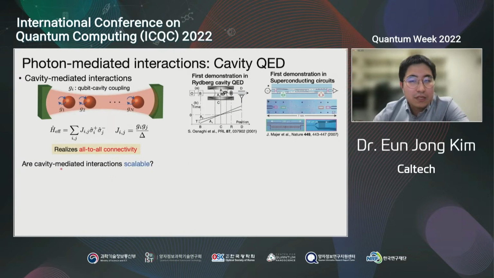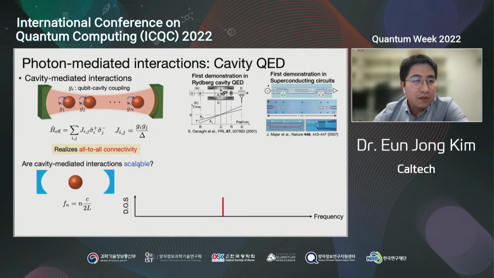While all-to-all connectivity is good and promising, we need to ask whether this interaction mediating scheme is scalable. If we, for example, think about a Fabry-Perot cavity of size L, this is known to have resonances at frequencies that are integer multiples of c over 2L.